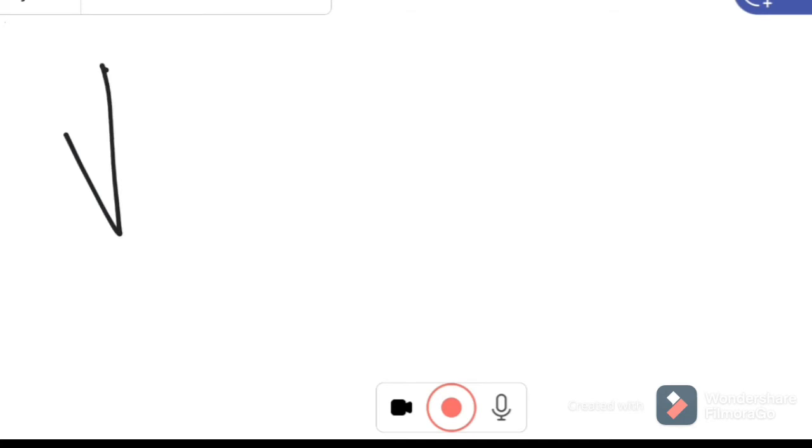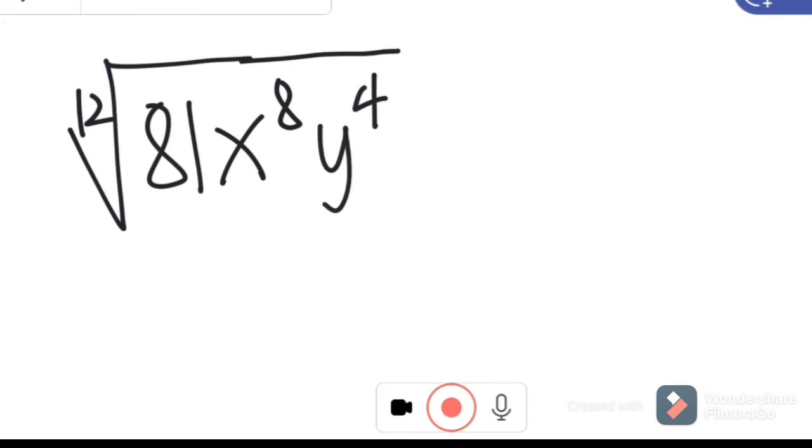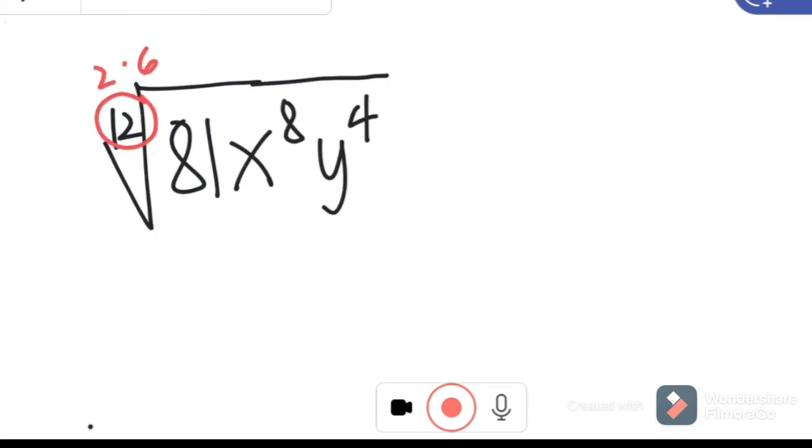Given the 12th root of 81 x raised to 8 and y raised to 4. So, what can that be? Factors of 12 can be 3 times 4 or 2 times 6. Let's try 2 times 6 because whichever we use, we can still get the same answer.